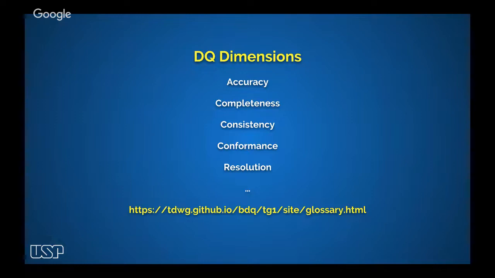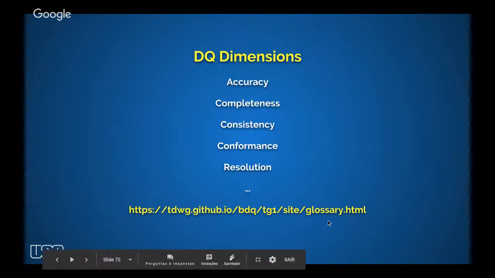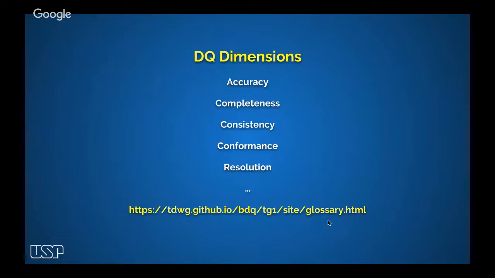In the literature, we have a lot of data quality dimensions with different definitions. There is no consensus on which data quality dimensions should be used, or on their definitions. Here on the TDWG site, we have some dimensions that we used, with definitions and examples. But this is the way that I measure the quality.